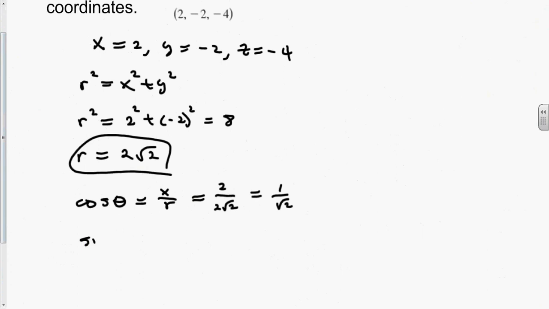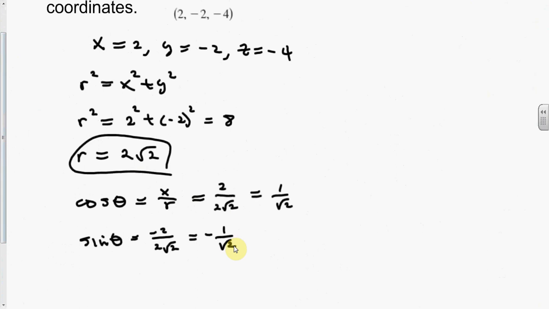Look at this. Sine theta is -2 over 2 times the square root of 2. That's -1 over the square root of 2. So we look to see where x is positive and y is negative.